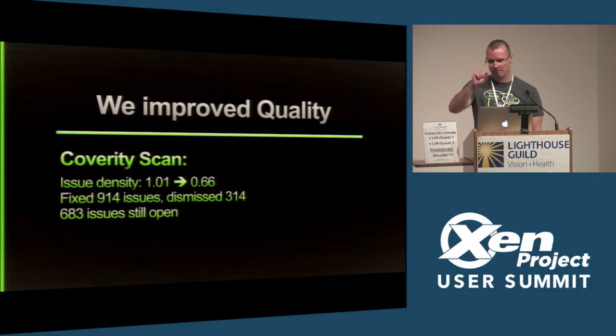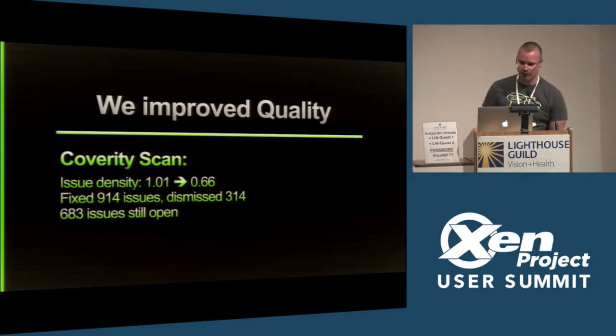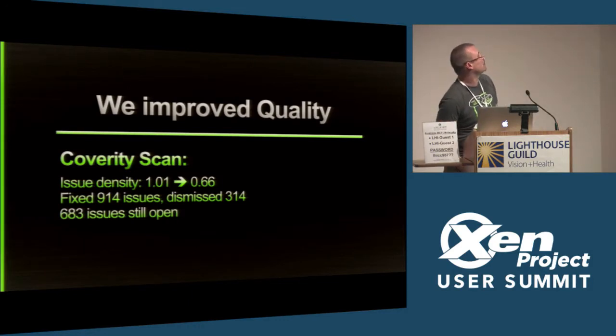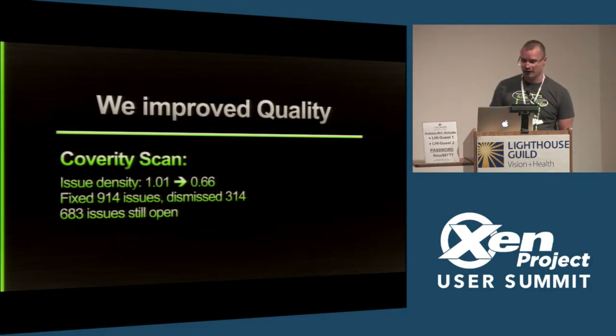And it also measures your quality by a metric called issue density. So we reduced this from just above 1 to 0.66. And we fixed about 914 issues and dismissed 314 as false positives. And this was all done by community members. And there's a relatively small number of issues still open, but they will keep on getting fixed.